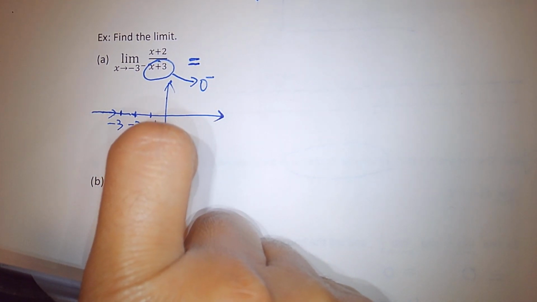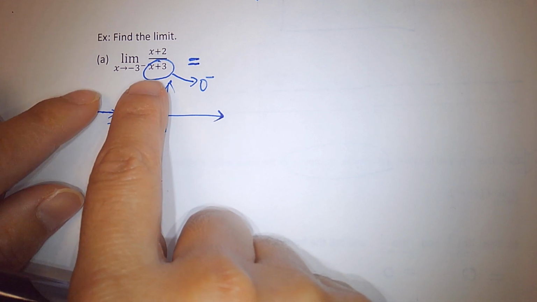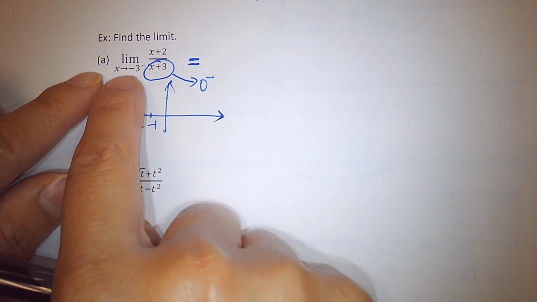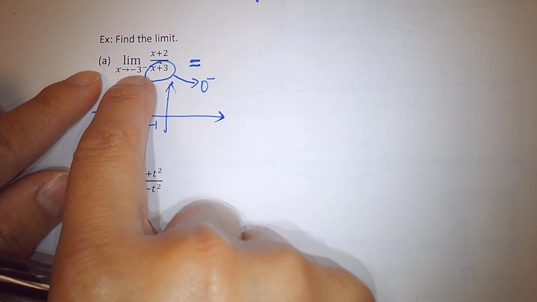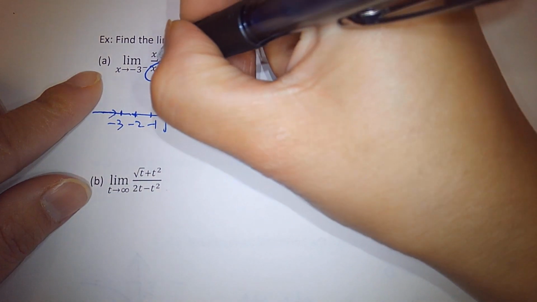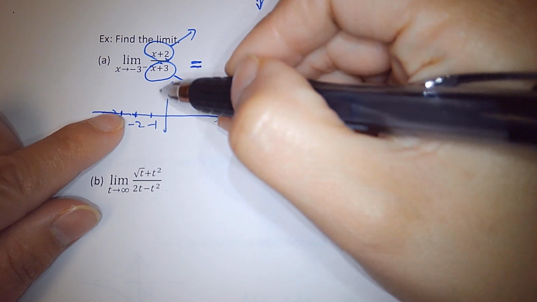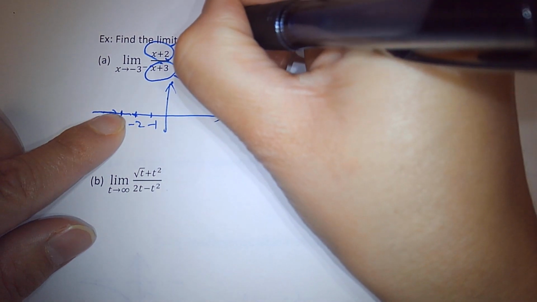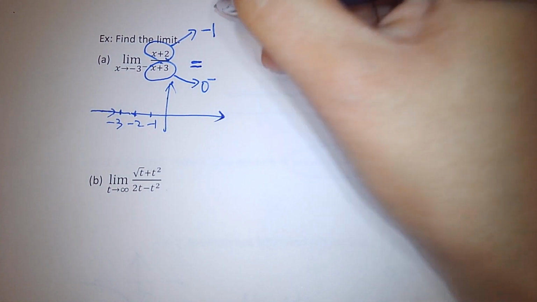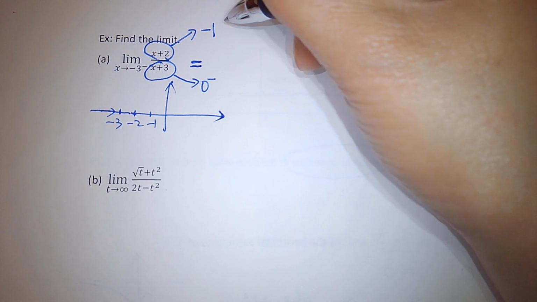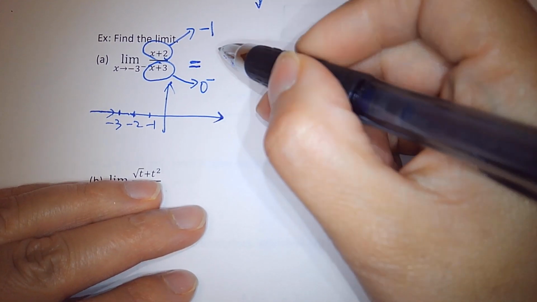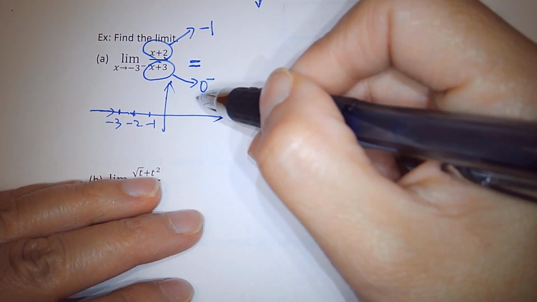On the top, when x approaches -3, x plus 2 will approach -3 plus 2, -1, and it's less than -1. Now we have -1 over 0.